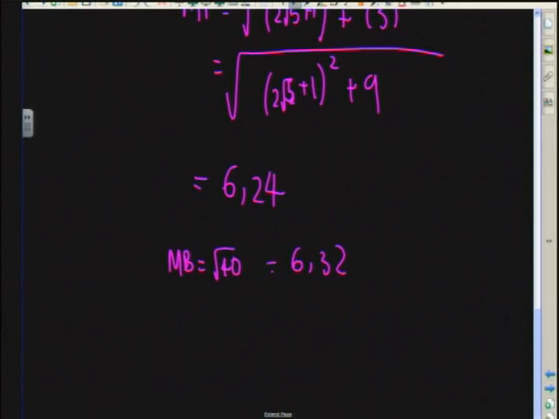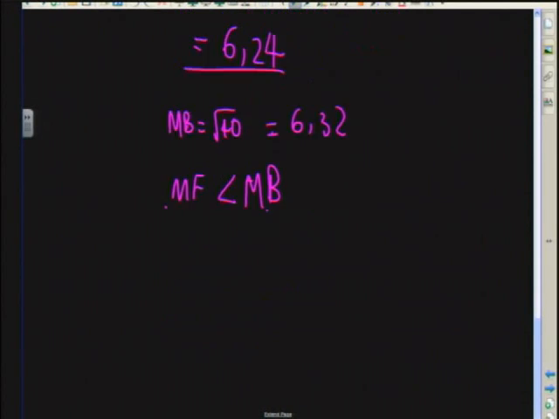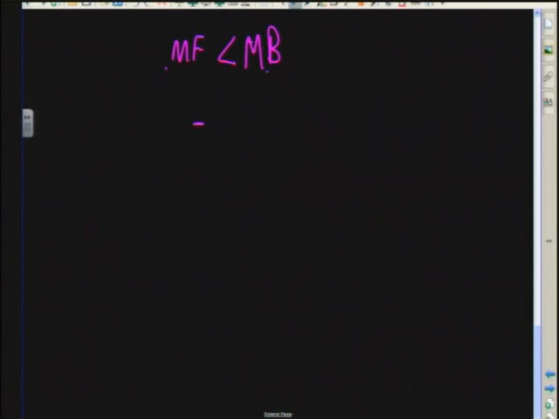So what we've got is MF, that distance, being less than the radius. Since MF is 6.24 and the radius of the circle is 6.32, it means that F must be inside the circle. It has to be inside because it is smaller than the radius of the circle.